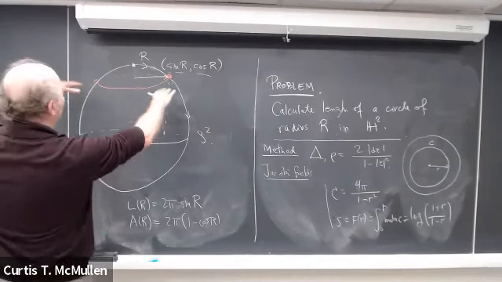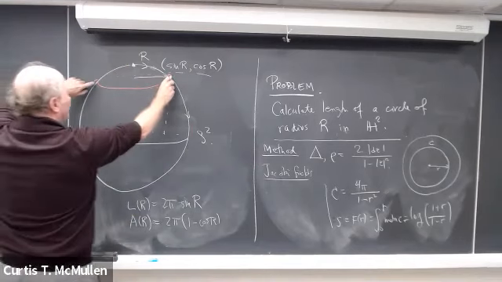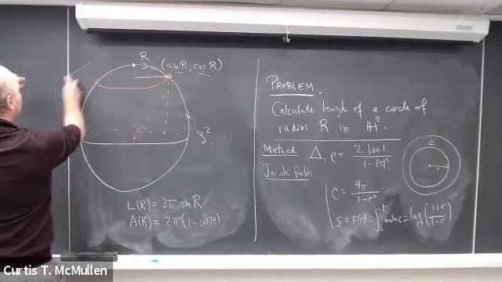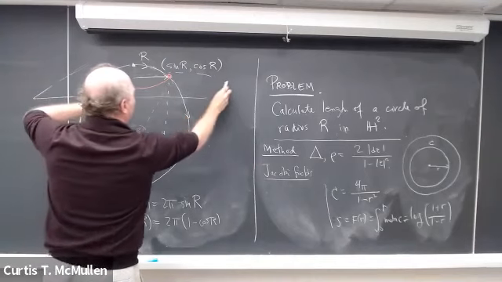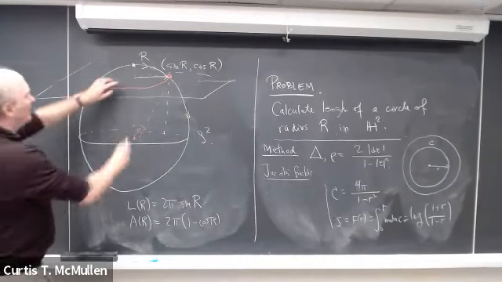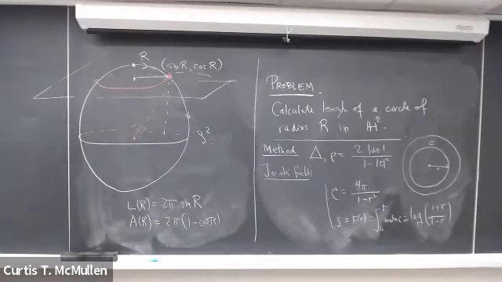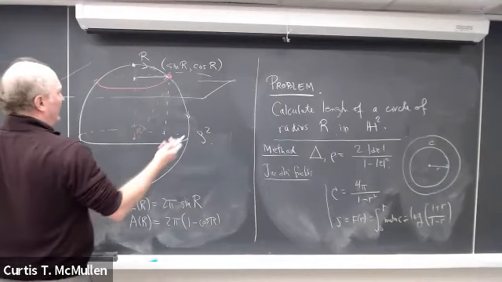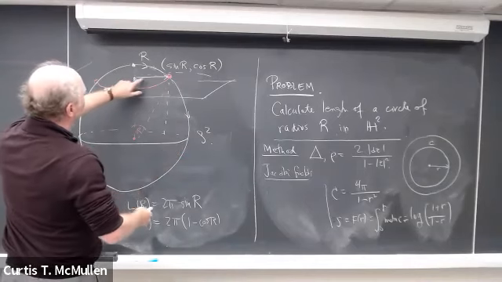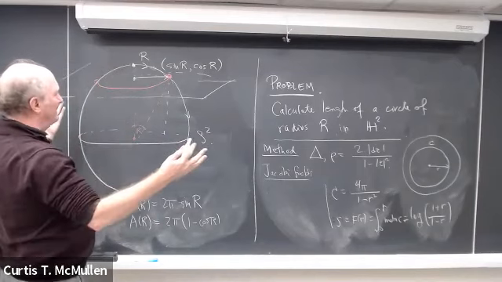But now the beautiful fact is, since you're in R3, which is a flat space, this circle lies in a plane where we can use the Euclidean metric. And so once we know the radius of this circle in that Euclidean plane, then we know the length of the circle. So it's actually a flat circle when you look at it in the ambient space.